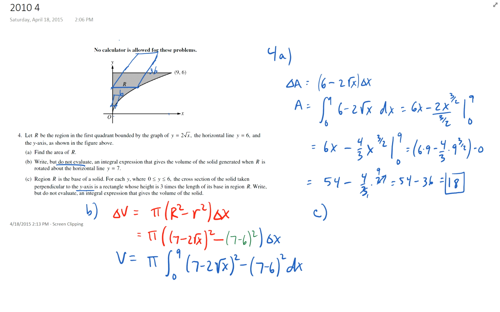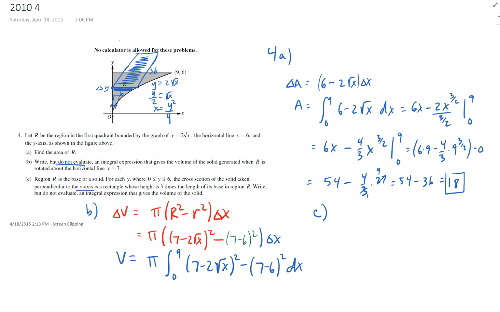Now I know that what we really want to find is the volume of this rectangle that's shooting out of the screen. And I know the thickness is delta y, so I've got to write this in terms of y. So I know this is y equals 2 square root of x. So that's y over 2 is square root of x. So I know x is y squared over 4. So that's this distance.